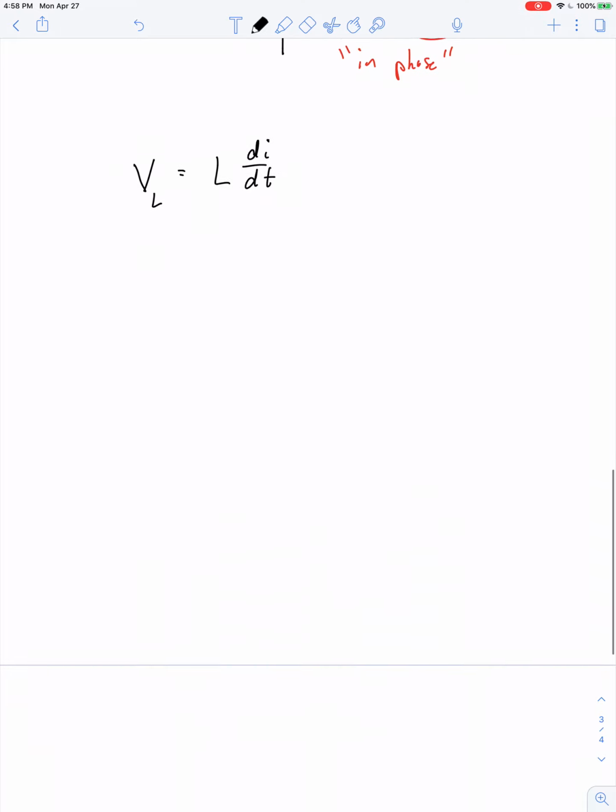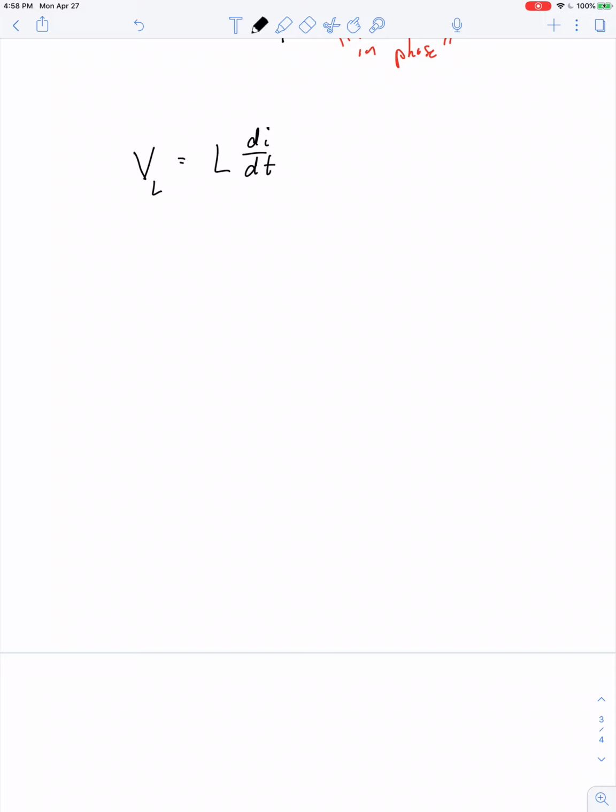So again, let's draw a phasor for the current that's flowing through a circuit that has a generator and an inductor. So we know at some moments the current's going to be flowing clockwise, so we'll say it's positive in value. At other moments the current is going to flow counterclockwise. We'll call that the negative value.